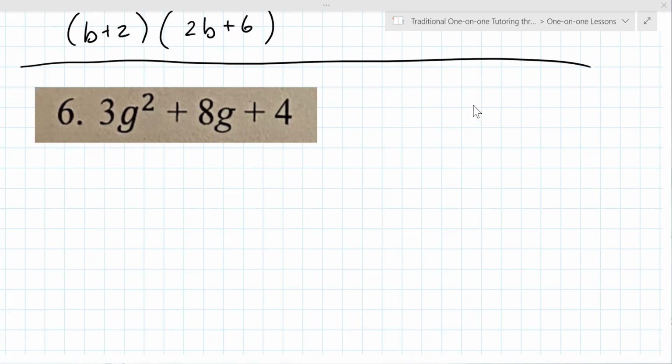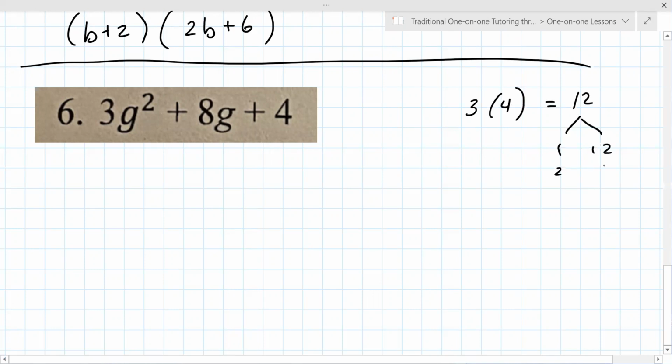I'm going to just write out some things here, and you can either choose to look or not. Did you do 2G plus 6G or 6G plus 2G? 6G plus 2G I got.